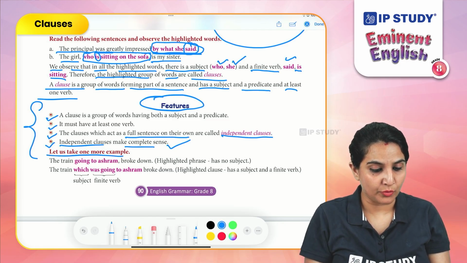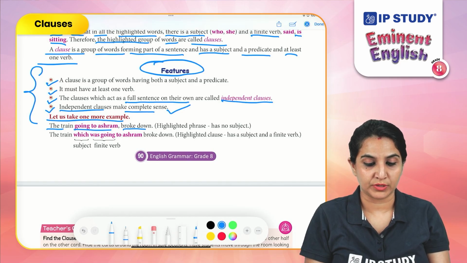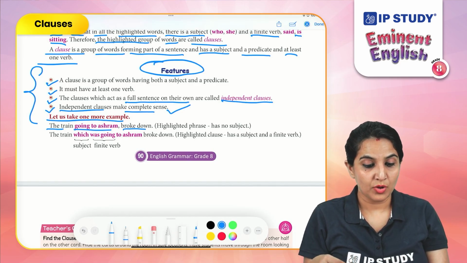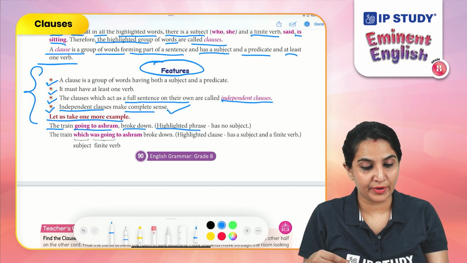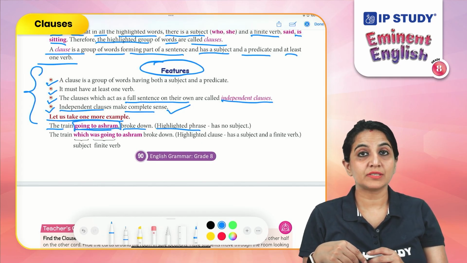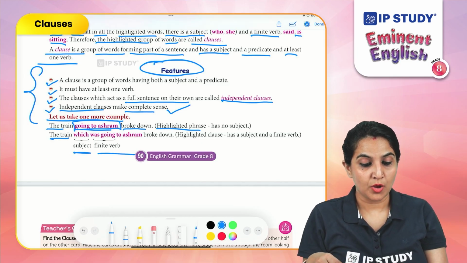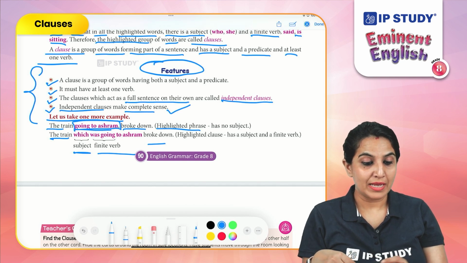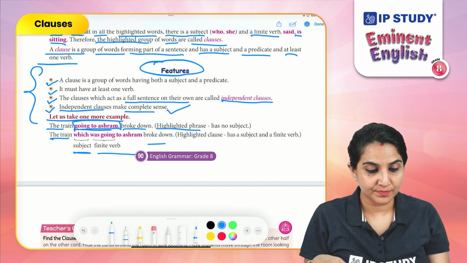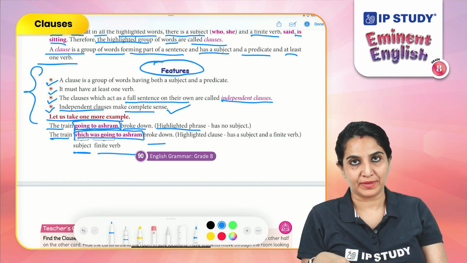Let us take one more example. The train going to ashram broke down. Now, in this sentence, the highlighted phrase going to ashram has no subject, whereas in the train which was going to ashram broke down, the highlighted clause has a subject and a finite verb as well.